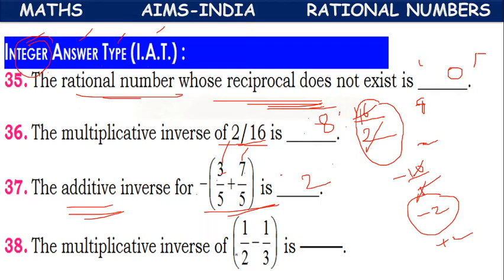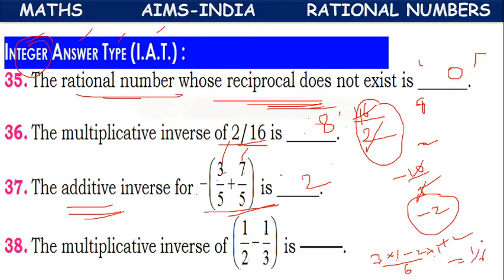Next, the multiplicative inverse of 1 by 2 minus 1 by 3. Here denominators are different, so let's take the LCM, 6. What is the numerator? 3 times 1 is 3, minus 2 times 1 is 2, 3 minus 2 is 1.